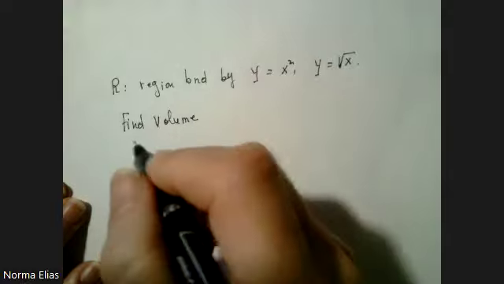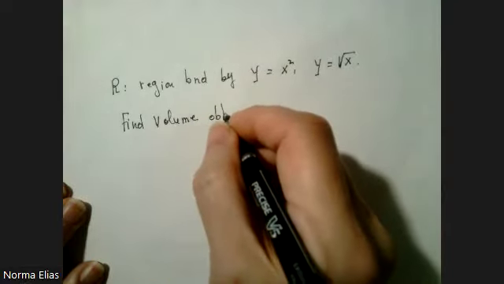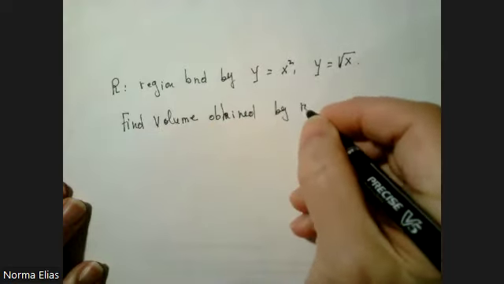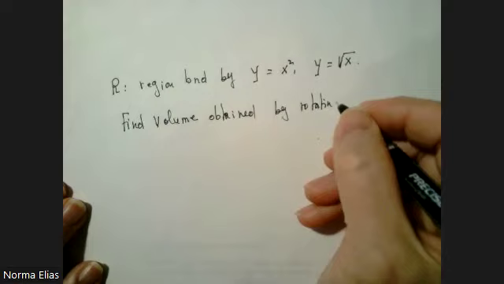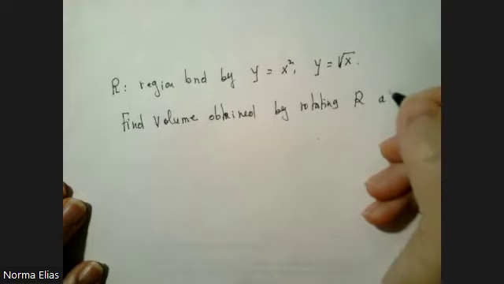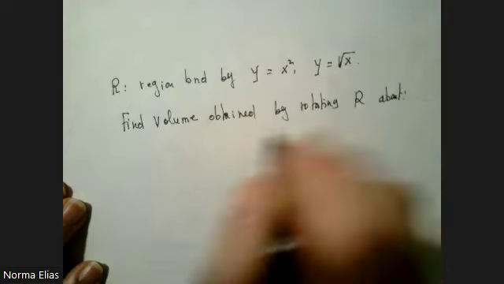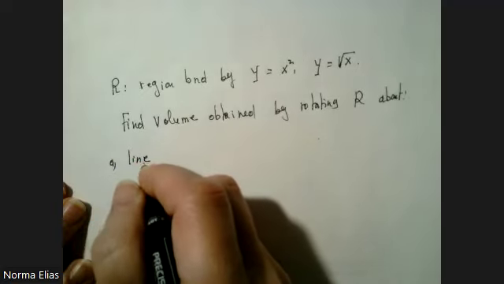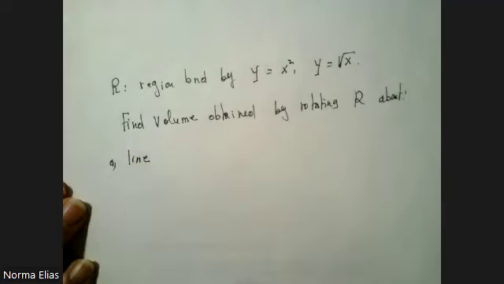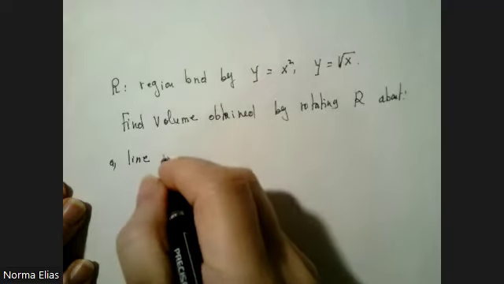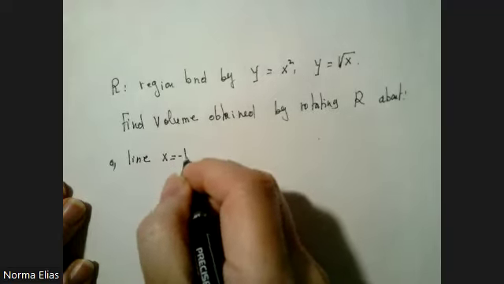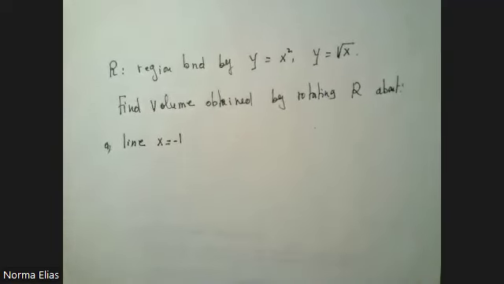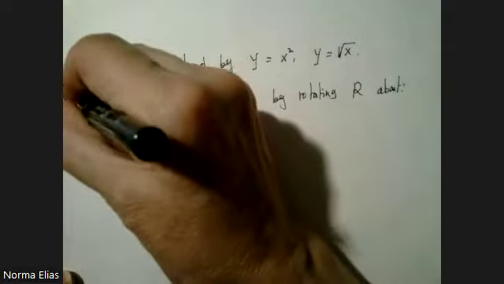So using the shell method, find the volume obtained by rotating the region R about the line x equal to, oh sorry, x equal minus 1.